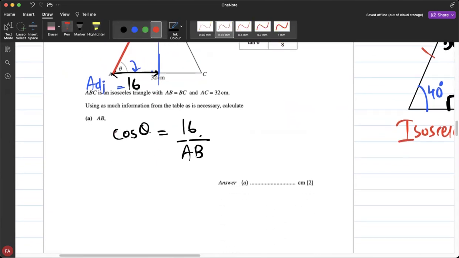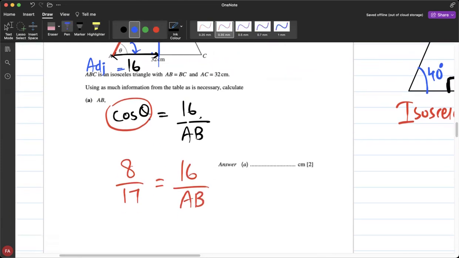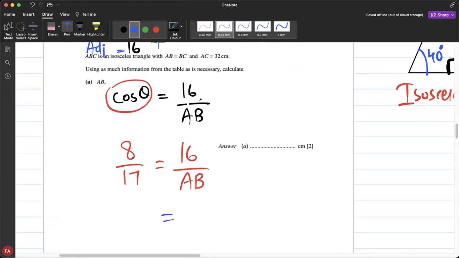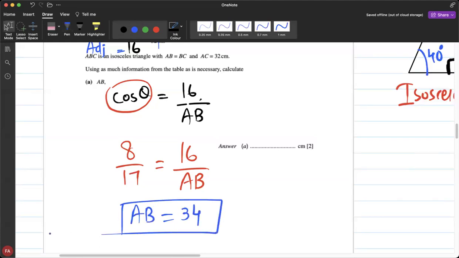Which means in the next step, you can replace this cos theta: 8 over 17 is equal to 16 over AB. Now, all we have to do is cross multiply. If I move this to this side, 8 in the denominator, 16 over 8 is 2. 2 times 17 is 34. So I can say AB is going to be 34.